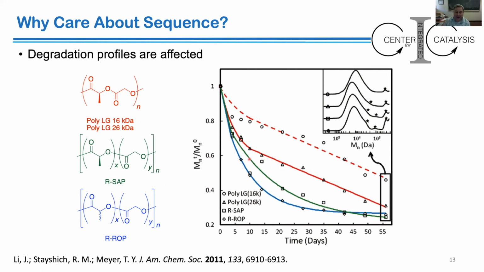And then the slightly slower is the green here, which is the R-SAP, which is involving the L-lactic acid and the glycolic acid. And then the slowest actually are the two polymers that have the alternating sequence. And as you can see, there's a molecular weight dependence on these polymerization reactions. And so this is really important because it turns out that this polymer here that degrades the fastest has the worst physical properties, the worst mechanical properties.